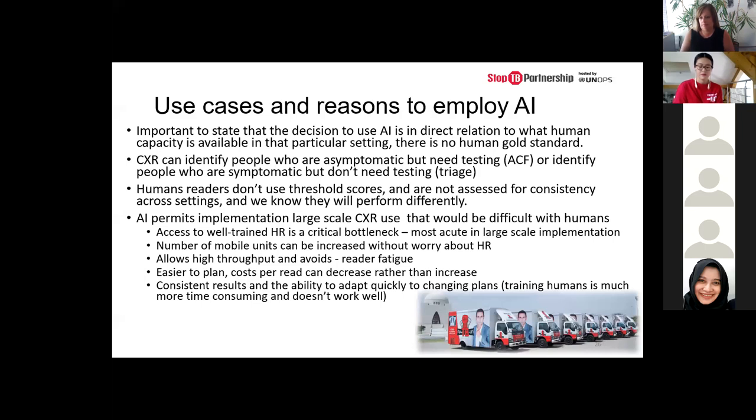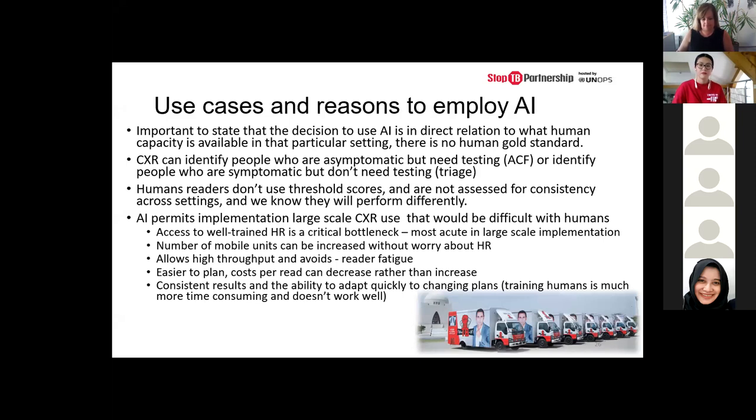The decision to use artificial intelligence, and how we think about evaluating artificial intelligence for chest X-ray, is really going to be focused on the alternative human in that setting.